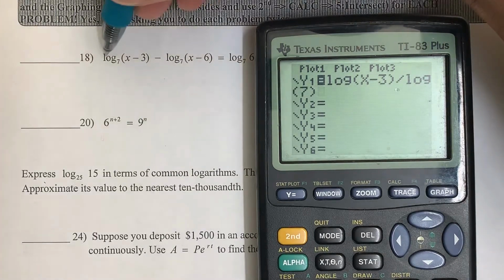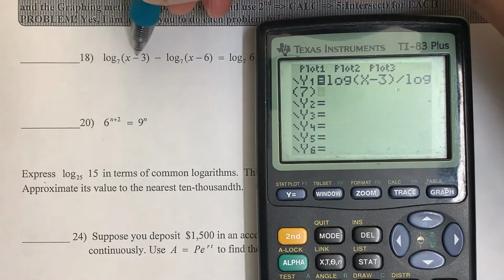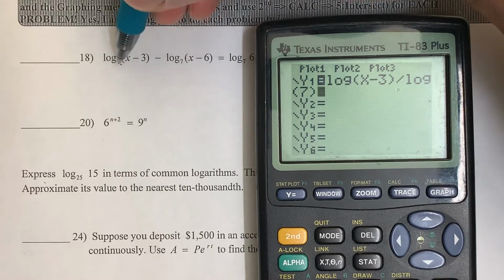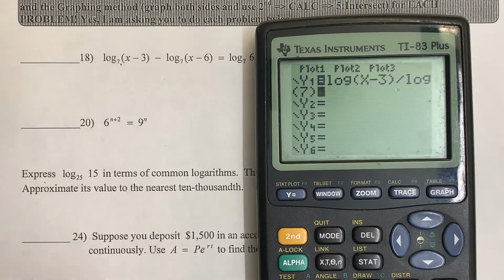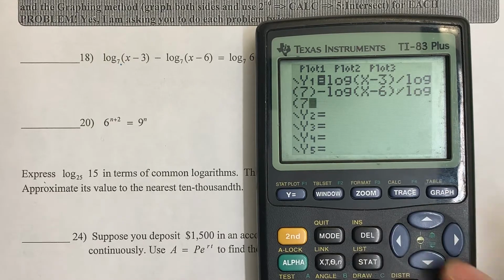And that is just the change of base formula, log of the big number divided by log of the small number, okay? Log of the argument divided by log of the base. We're just rewriting this using a log base 10. Minus log x minus 6 divided by log of 7.